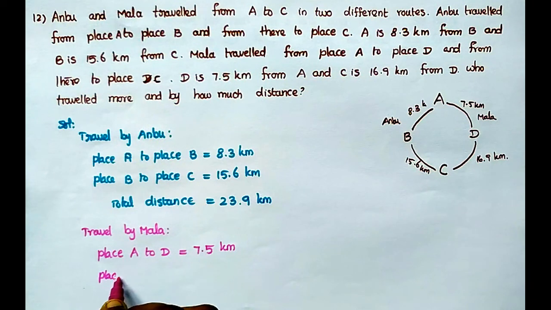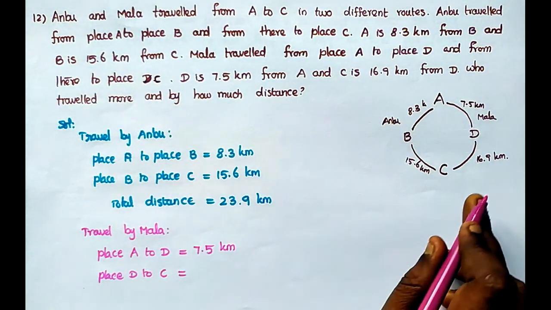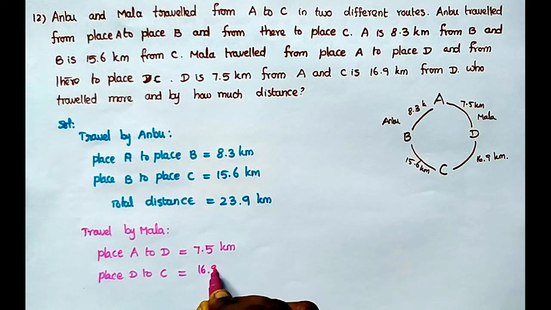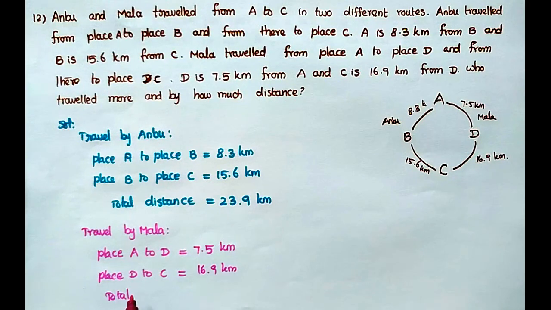And place D to C, 16.9 kilometer. So total distance she covered means, that is 24.4 kilometer.